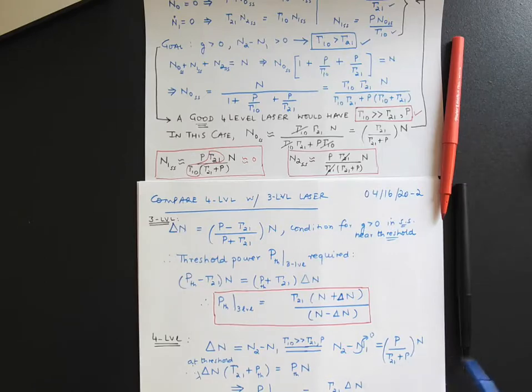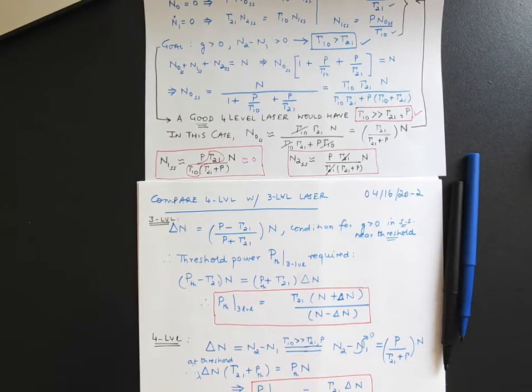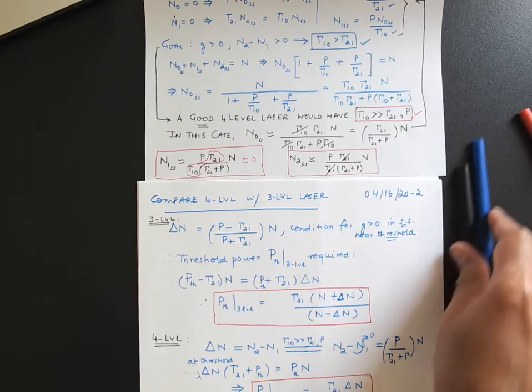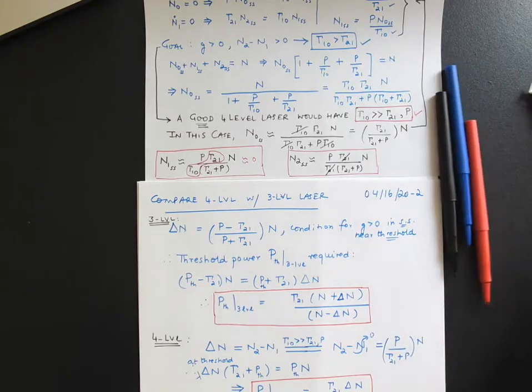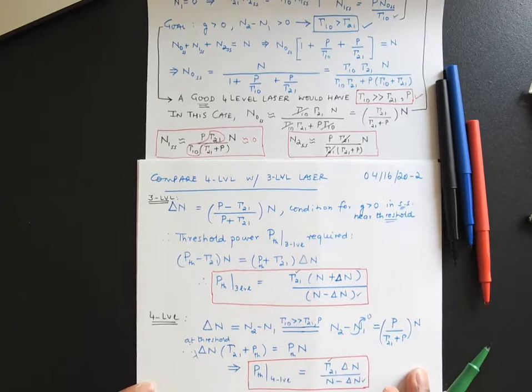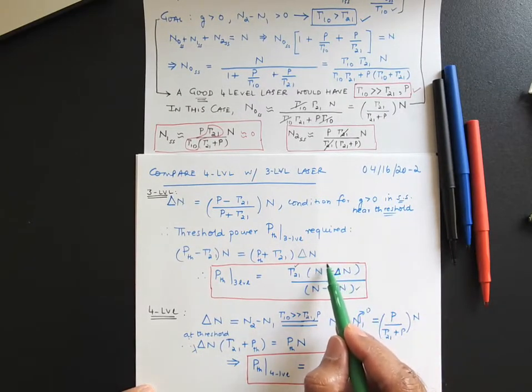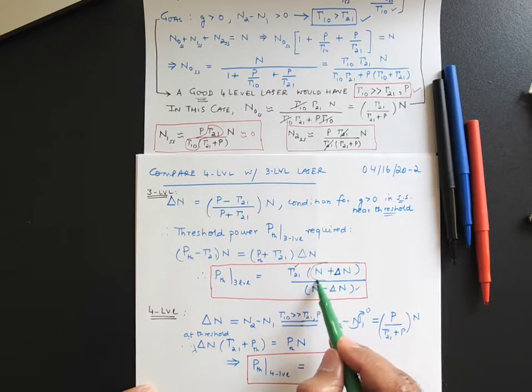So now if I compare the two, notice what's going on here. The expressions look very similar, the denominator is the same, but look at what happens here. The difference is in this term versus this term, right?